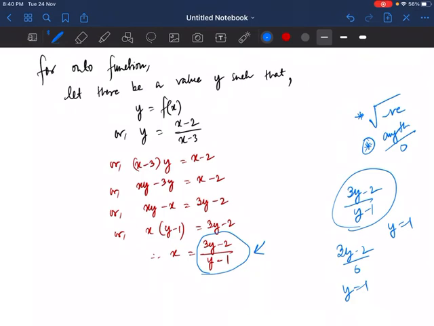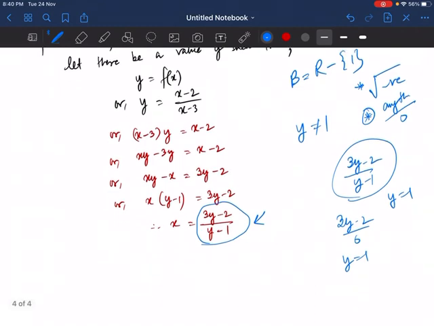So this function (3y minus 2) divided by (y minus 1) will never be undefined. Why? Because the value of y will never be equal to 1, because B is R minus {1}. So they have rejected 1 from there.